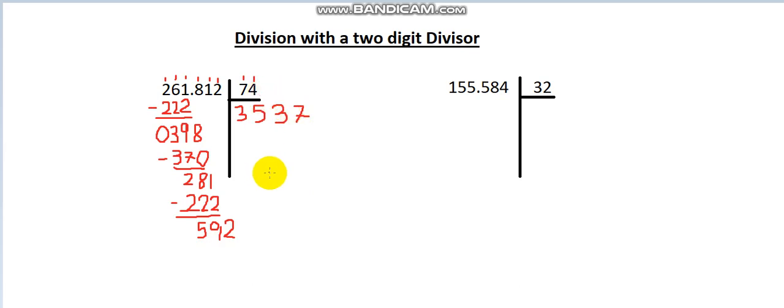I do 7 times 74, and I would get 7 times 4 makes 28. Write the 8, carry the 2. 7 times 7 makes 49, and 2 that I carried over makes 51. I do the subtraction, and I would actually get 74.